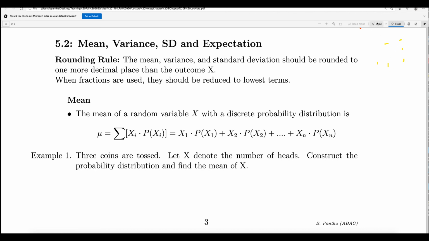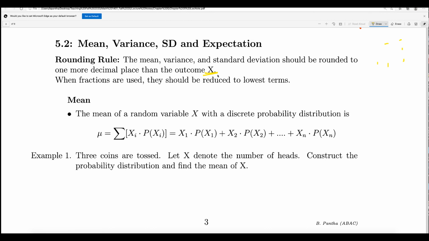First of all, let us talk about how many decimal places we need to consider when we find the mean, variance, and standard deviation. It depends on how many decimal places the x values have. If the x values are whole numbers, then the mean, variance, and standard deviation will be one decimal place.